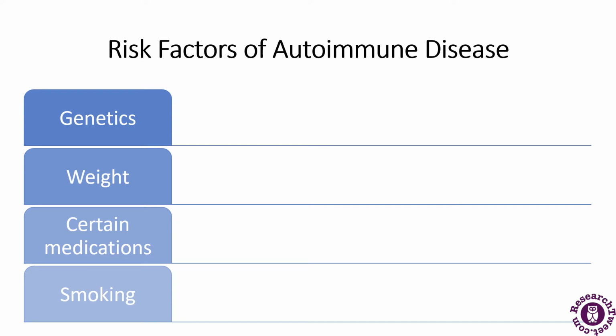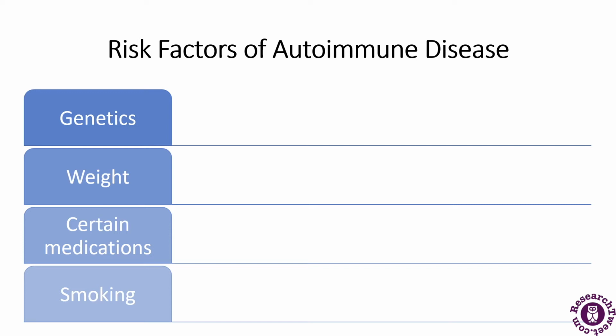Now, what are the various risk factors that can cause autoimmune diseases? In the first slide itself, there was a diagram showing the risk factors that can be the cause of autoimmune diseases. The risk factors include genetics. Genetics means there are certain disorders, for example multiple sclerosis, which tend to run in families.